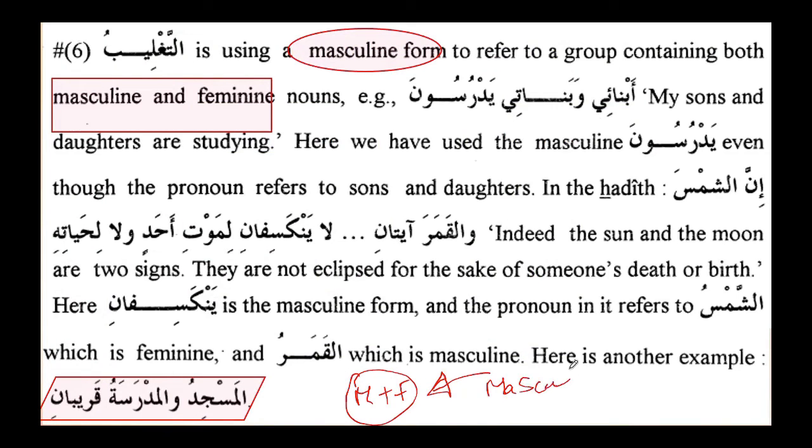For example, if you're referring to al-masjidu wal madrasatu, the mosque and the school, and you want to say that they're both near, qariban, you would use the masculine reference. Even though it has one feminine and one masculine, you will use a masculine reference to a group that may have both.